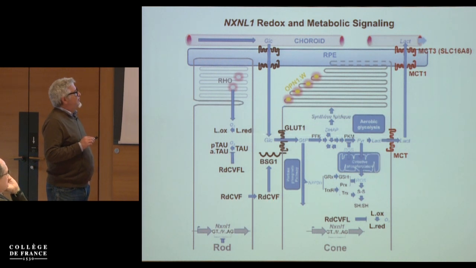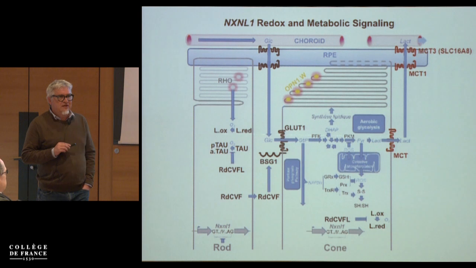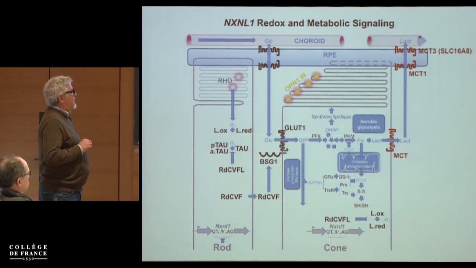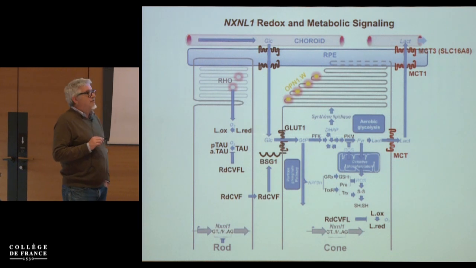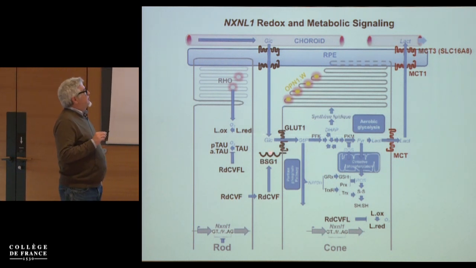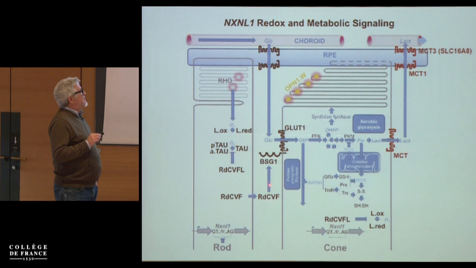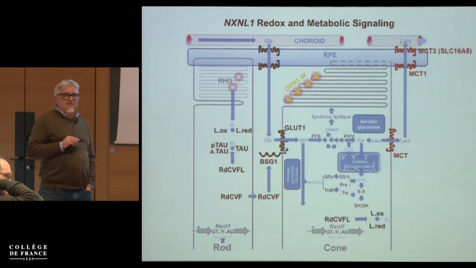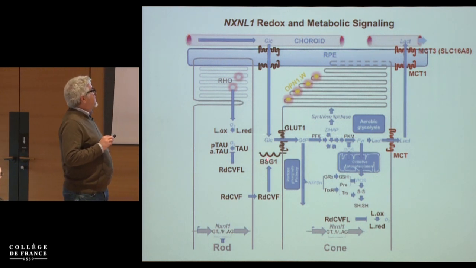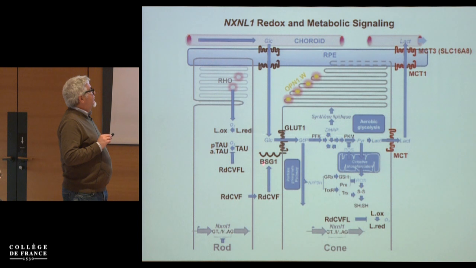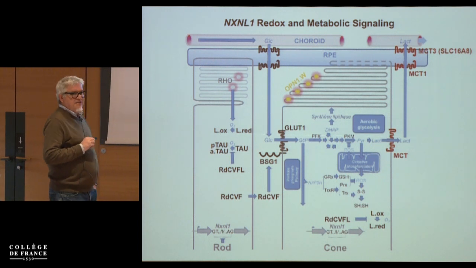So RDCVF is protecting the cone, and this is one major advance in understanding the secondary degeneration of cones. The secondary degeneration of cones is prevented by RDCVF by making a complex with a splice variant of the Basigin gene, which encodes specifically in the retina a third Ig loop extracellular.